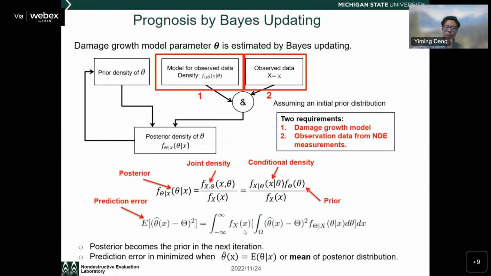You can calculate the prediction error using this formula, and the error is minimized when the estimated theta is the same as the mean of the posterior distribution or expected theta given x.